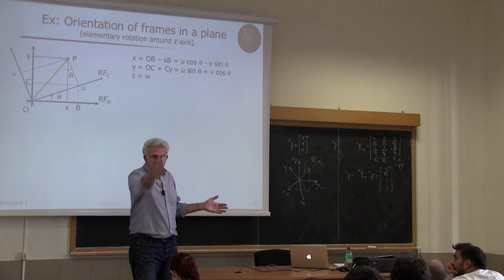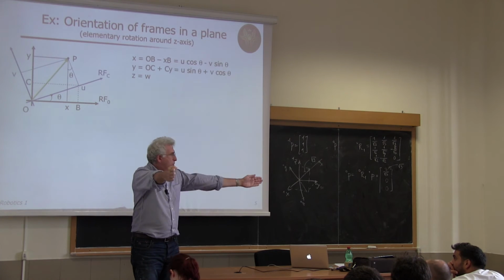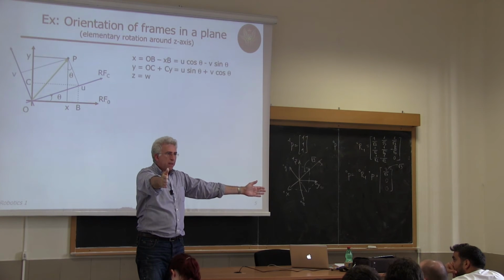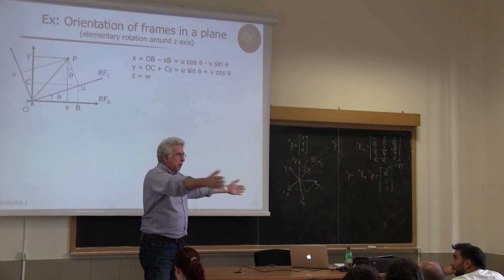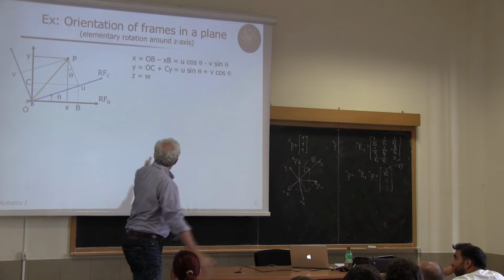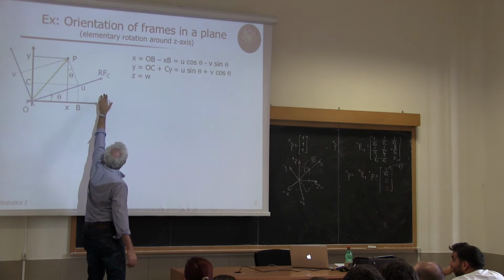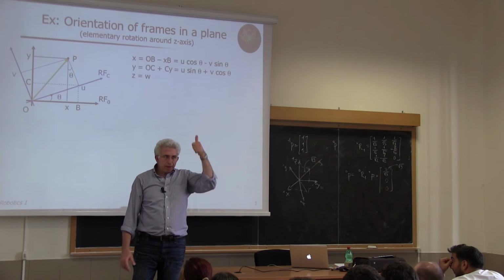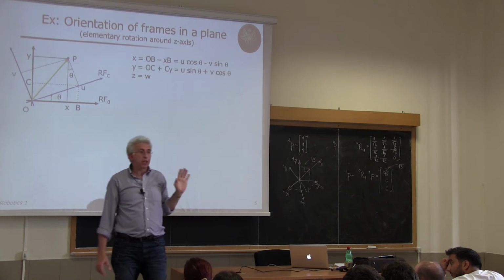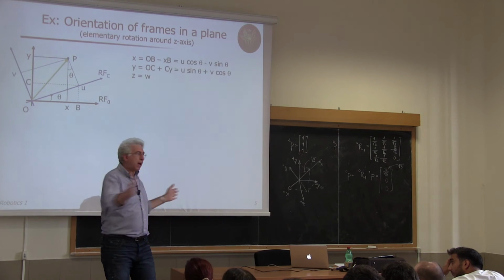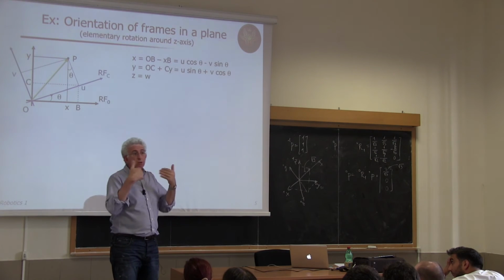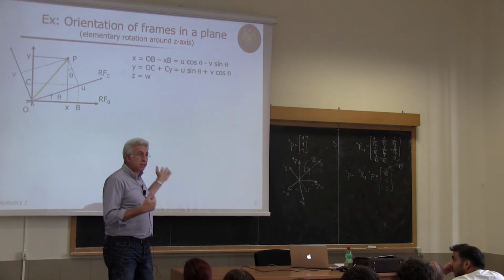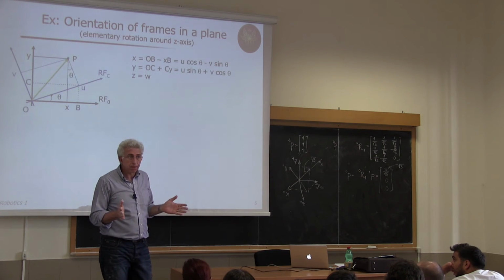Suppose that in this case I take x, y, and z, like the walls of this room. And now I'm making a rotation, and I end with a frame which is rotated, and I call it RFC. So the z-axis did not change. Okay, so I've made an elementary rotation around one of the main axes of the original frame, in this case, around the z-axis.